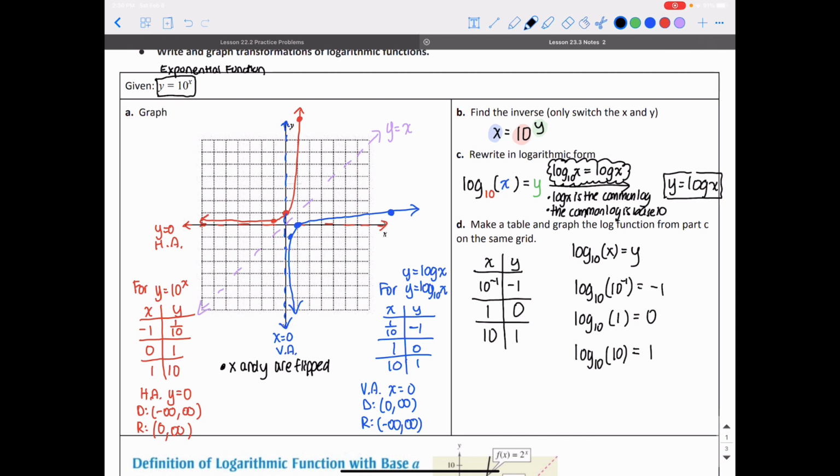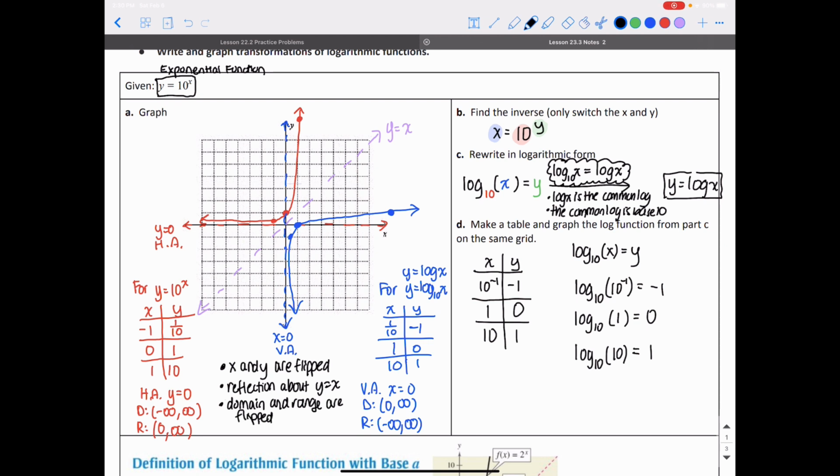Everything about x and y is flipped. I also notice it's a reflection. The original and the inverse are a reflection about the line y is equal to x, as inverses always are. The domain and range, I also notice, are flipped. And that makes sense because everything about the x's and y's are flipped.